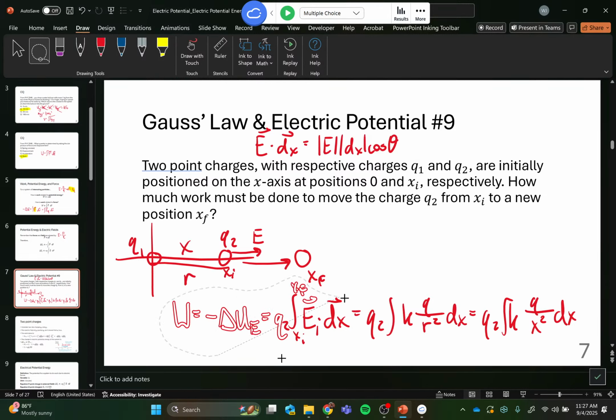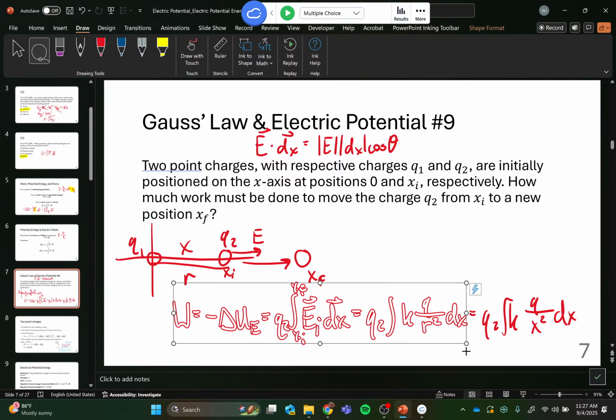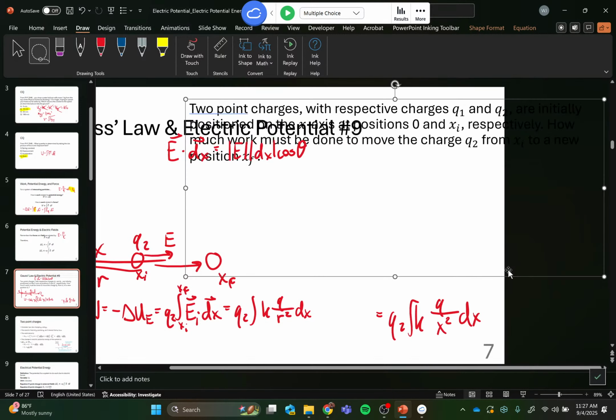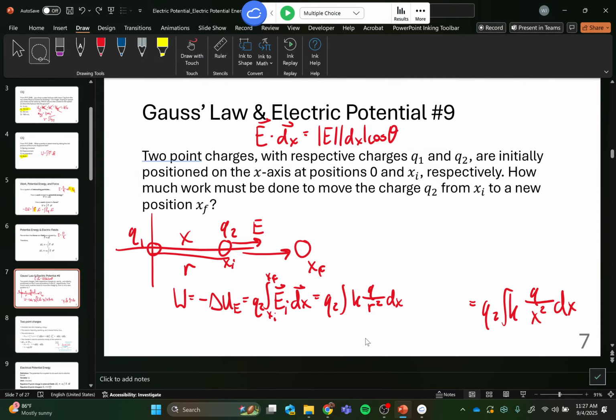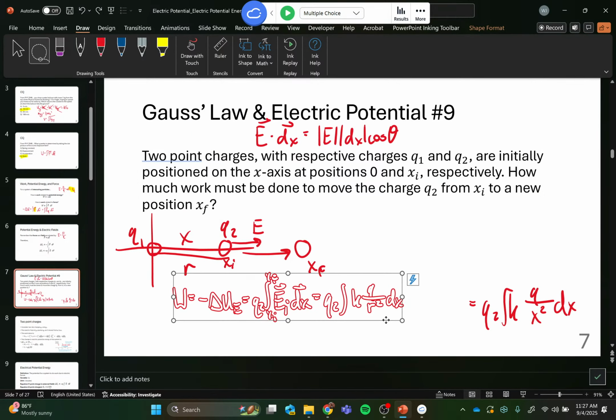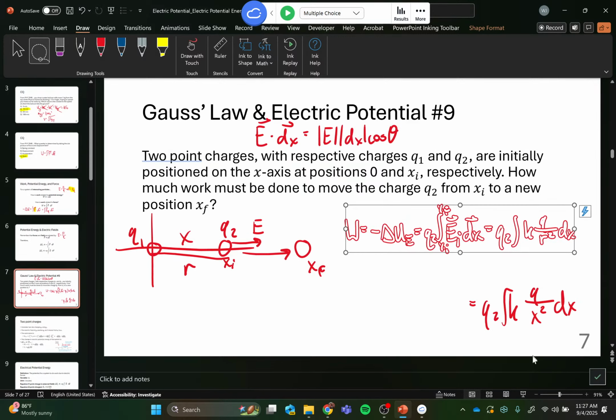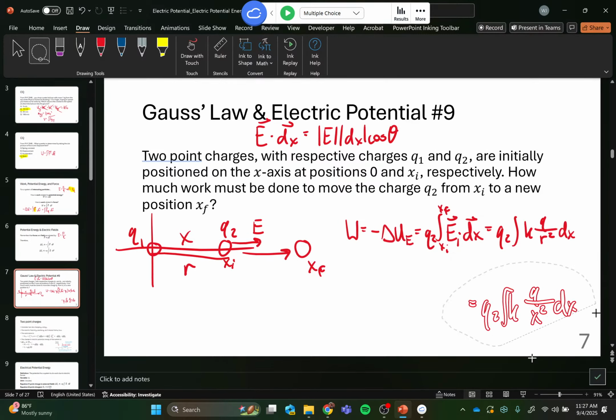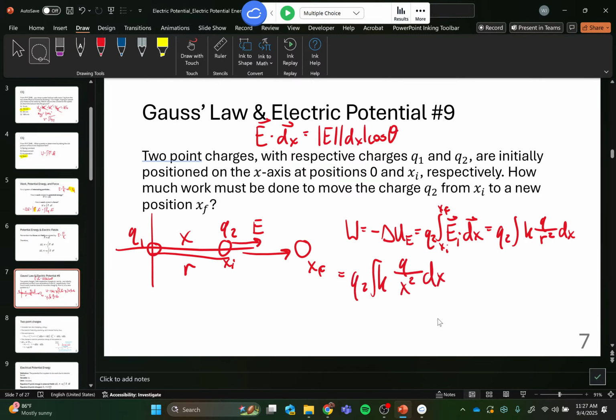If plus Q, then you just get X negative. But you can't pull that out. So it's an integral, you can pull out your constants. K is a constant. Q is a constant. Q is just how much charge. That is not changing.